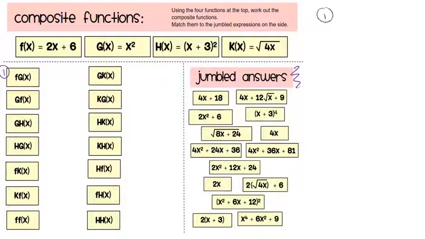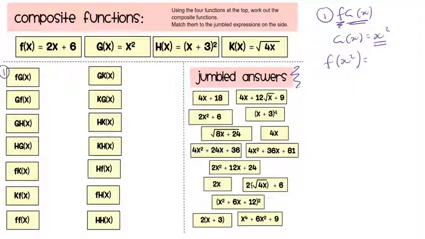So for the first one, we want f of g of x. Now, ideally, these should all be lowercase. It's not great, the formatting on this task, but I do think it's a useful task to practice. So we're starting with g of x, which we can see is just x squared. And then we're going to use this as the input for our next function, which is f.